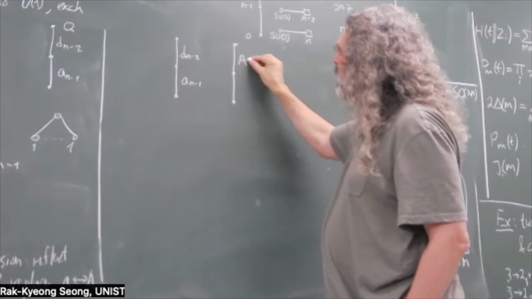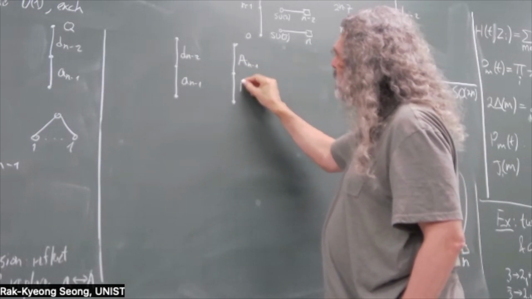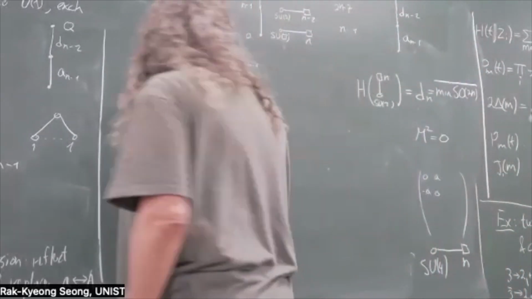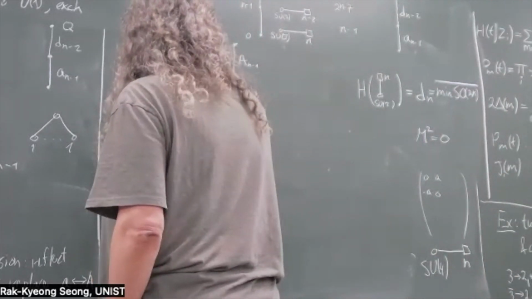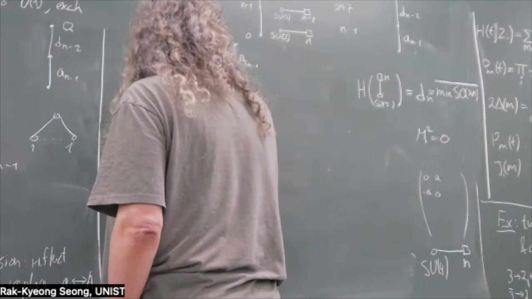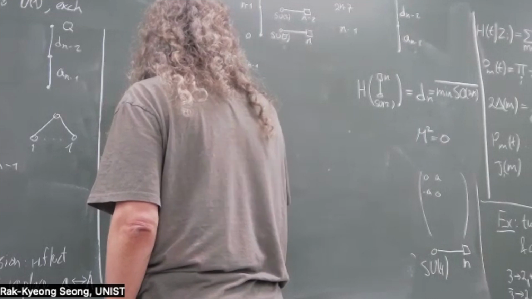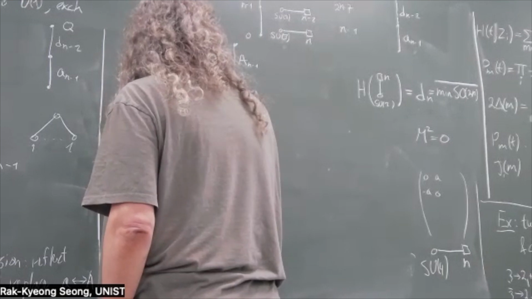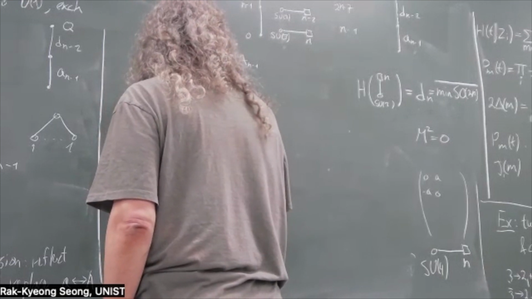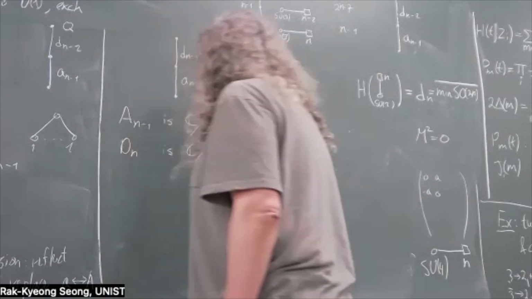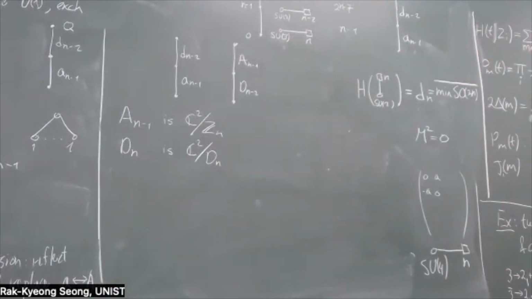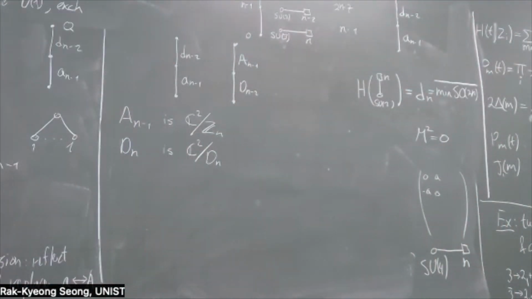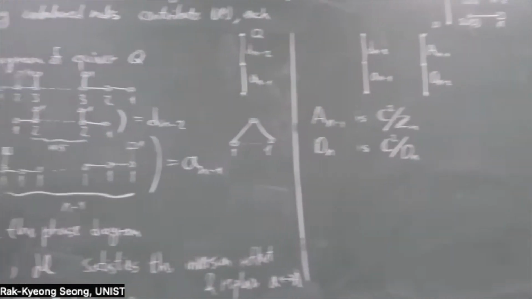So A_{n-1}, B_{n-2}, where A_{n-1} is the Klein singularity C2 divided by Z_n, and D_n is the Klein singularity C2 modulo D_n. It's what we said here, the same thing as here. It's denoted as D_n.